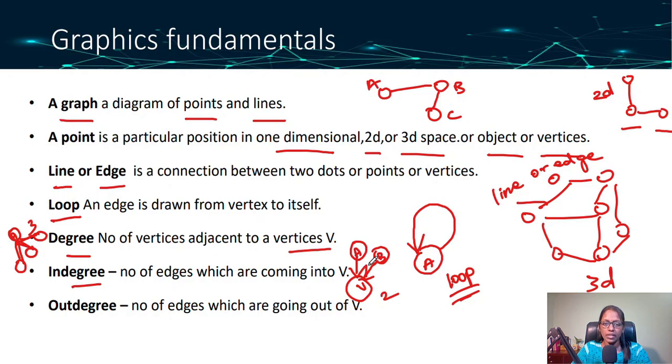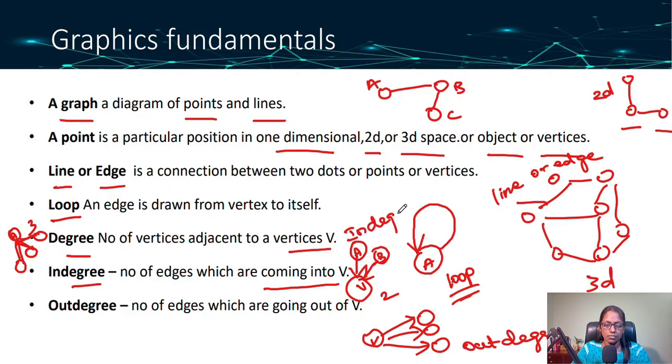Out-degree means the number of edges which are going out of V. From V, how many edges are going out? It may be 2 or 3, whatever it is. This is called out-degree, and this is called in-degree.